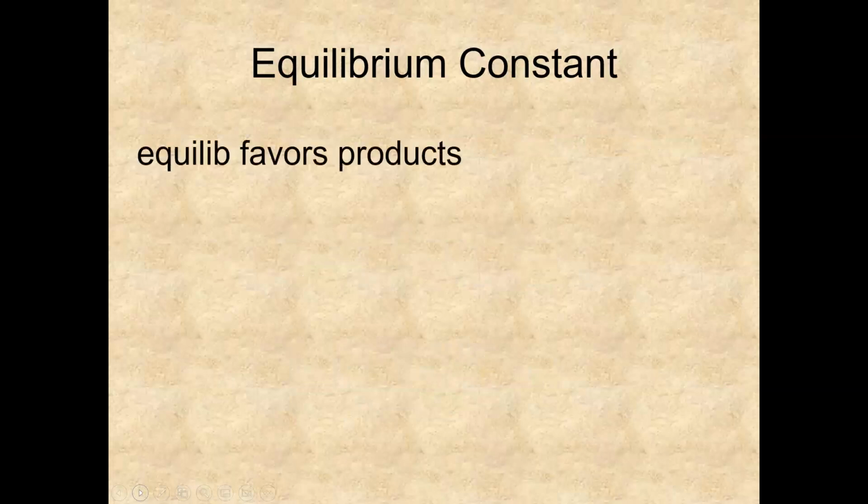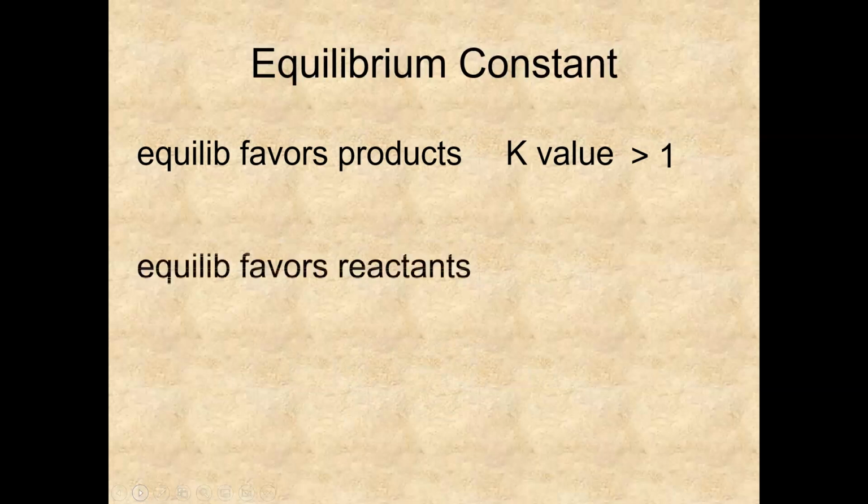So we said when equilibrium favors the products, the K value is going to be greater than 1. I said greater than or equal to. That is a mistake. It needs to be greater than 1 for there to be more products. If equilibrium favors reactants, that K value is going to be less than 1.